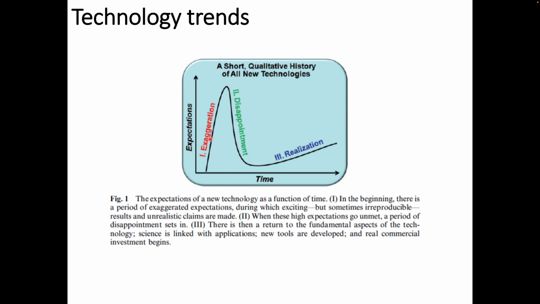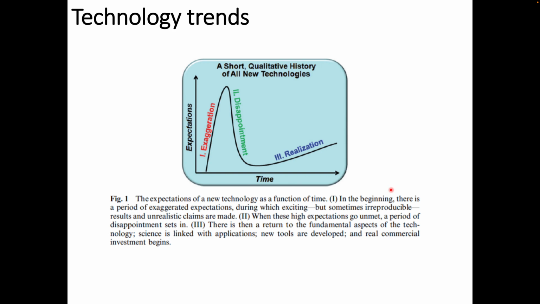This also applies to crypto, I think. Crypto was also first overly exaggerated, and then it went through some disappointment, and probably now it's going through maybe multiple bumps. And for AI, I don't know. It seems very promising. I see the power.